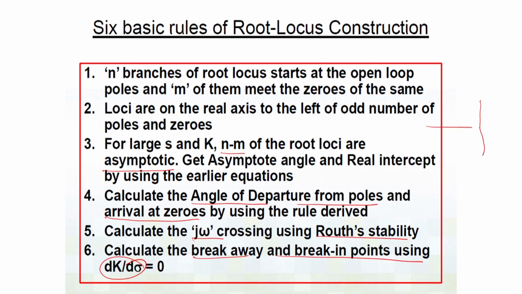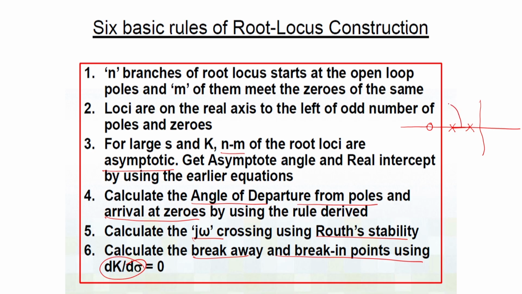Well, I will just keep an example for you, that suppose I have 2 poles like this and one zero is like this. So, we already know this will be part of the root locus, and we also know that this will be part of the root locus. Now, how will it be part of the root locus?